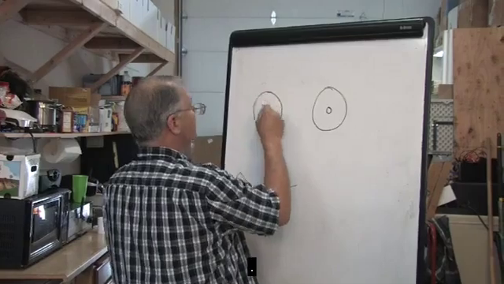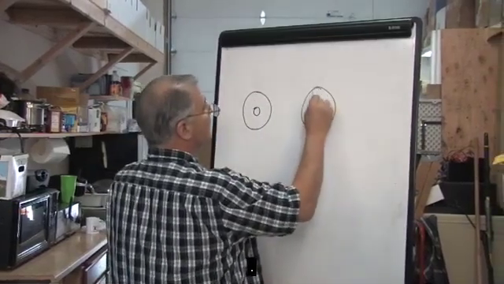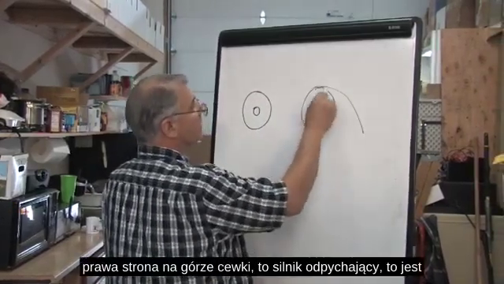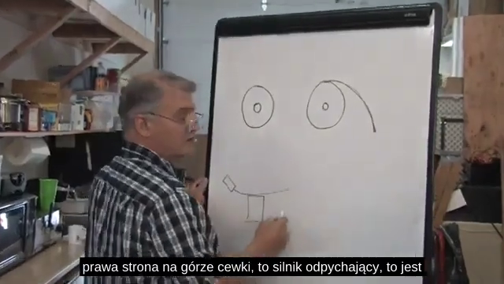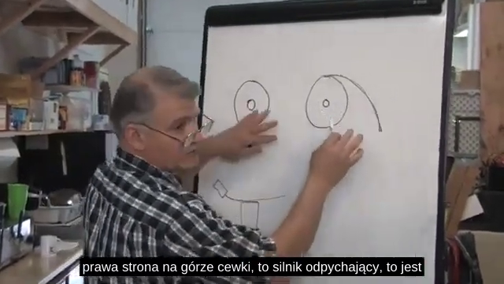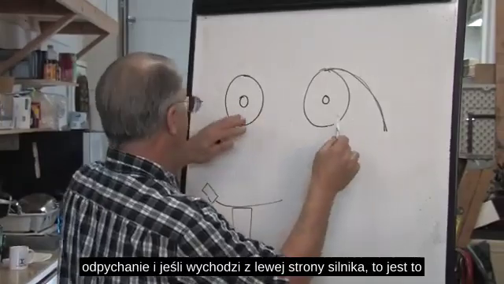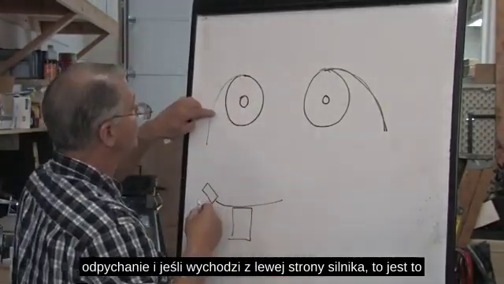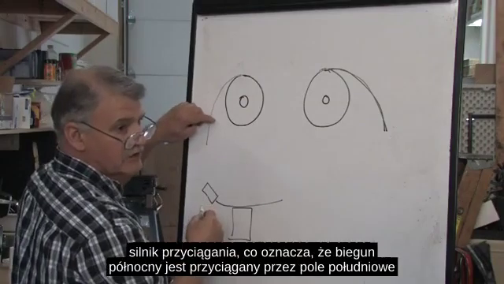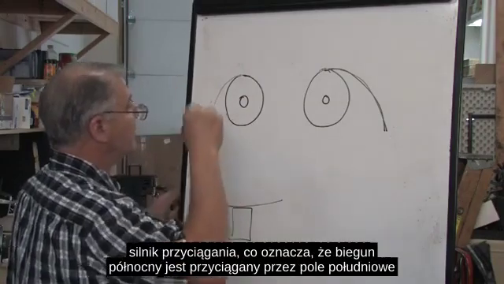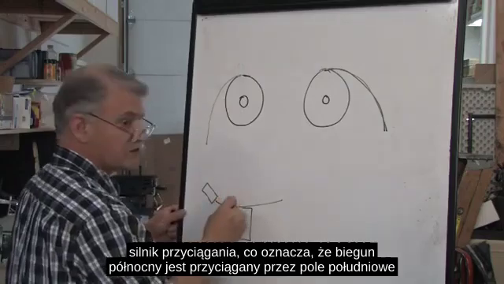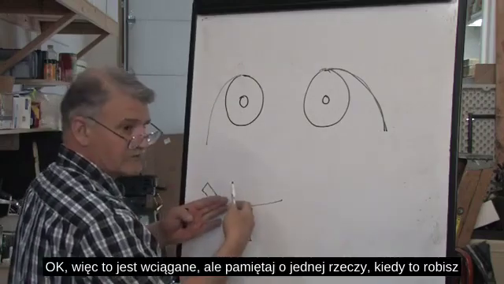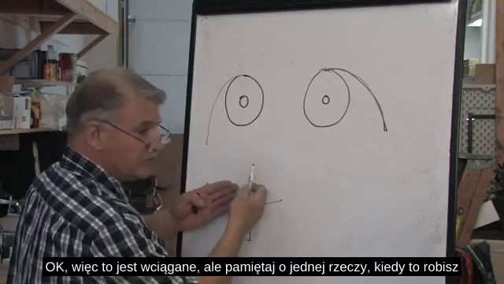If the wire is coming out on the right-hand side at the top of the coil, then it's a repulsion motor. And if it's coming out the left-hand side of the motor, it's an attraction motor, which means the North Pole's being attracted to a south field. So it's being pulled in.